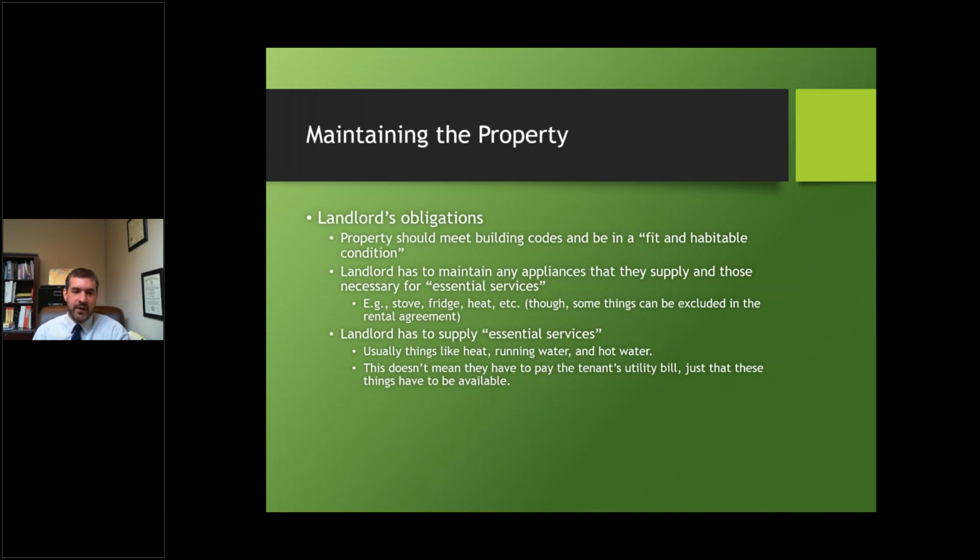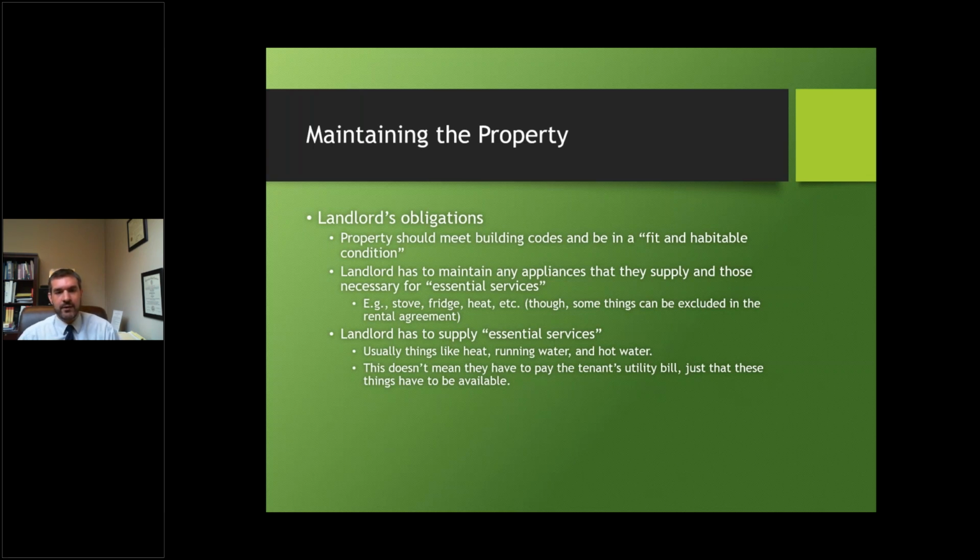So at the bottom, it talks about the landlord having the obligation to supply essential services. And essential services are very specifically defined: heat, running water, an operable sewage and plumbing system, operating electrical system.